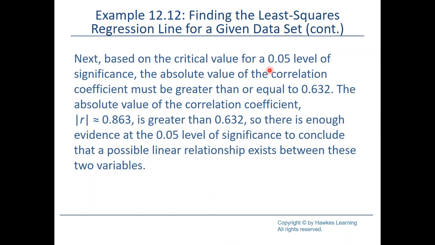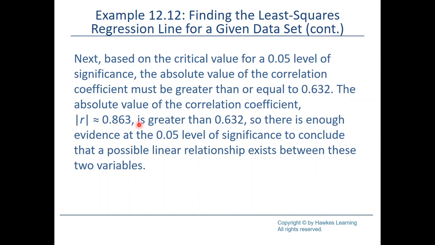Now, I am going to remind myself that my critical value is going to be based on my alpha, which is 0.05, and then it's also going to be based upon what n is, and again, I'm going to look at a table, and I'm going to find in my table 0.632. Now, that means that basically as long as my R is greater than or equal to this number, then at a 5% level of significance, my alpha being 0.05, we would conclude it is statistically significant.